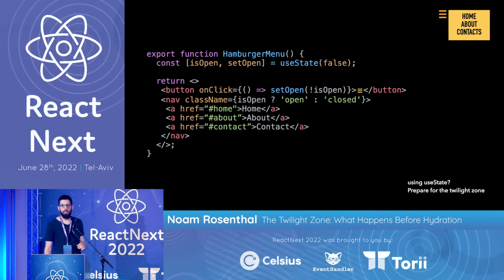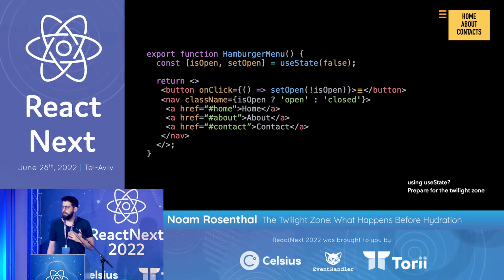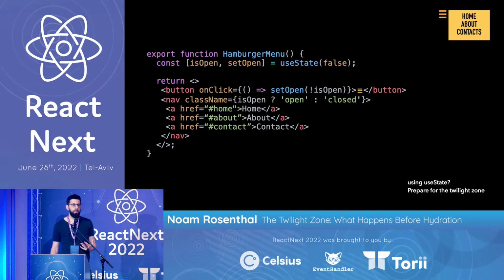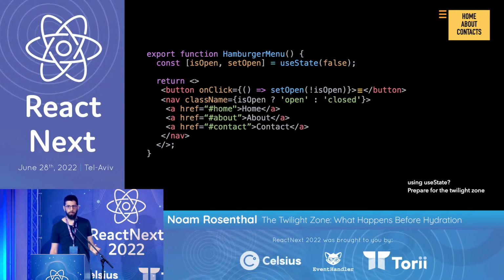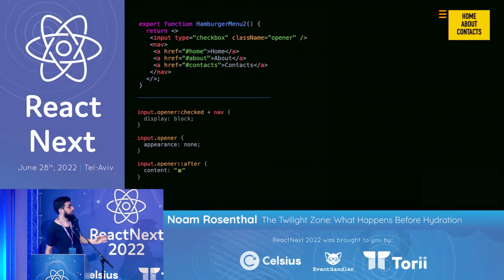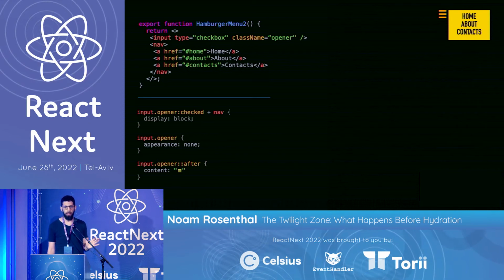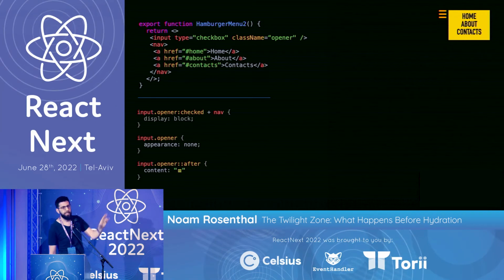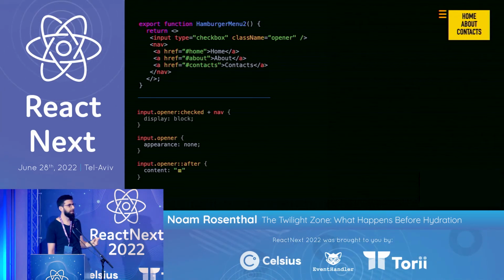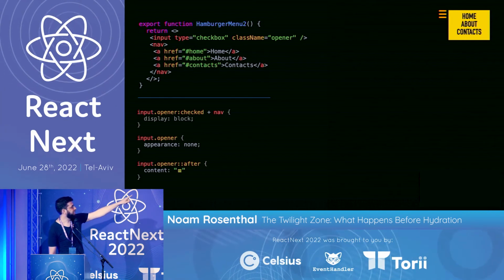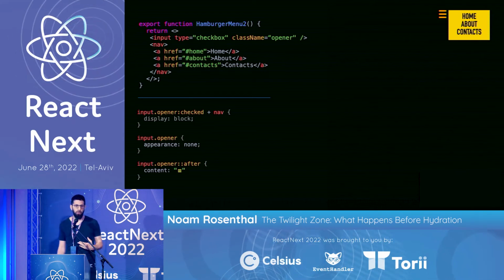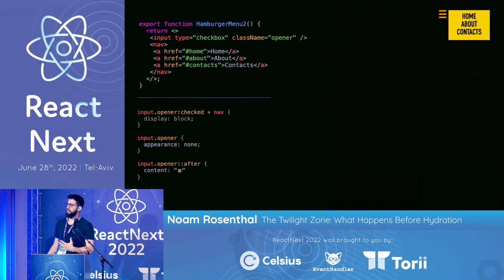Now, there is a solution to this problem that is actually very well known in the industry and used a lot, which is to use a checkbox. A lot of people use this, this is known. You make the hamburger menu into a checkbox, and when it's checked, that's when you show the actual menu.